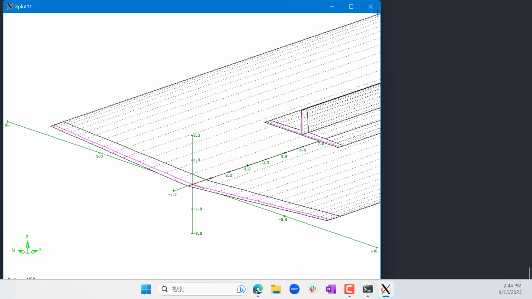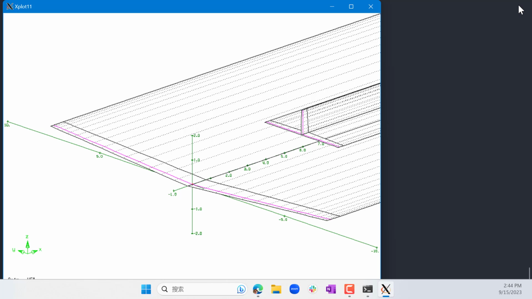Each vortex goes from infinity to a small section of the wing, not to the other wingtip, and then goes back to infinity. Over here, it has something like 50 or 60 vortices together.